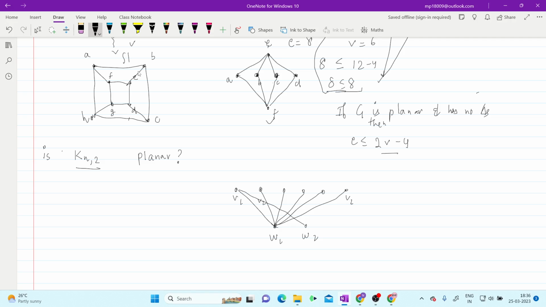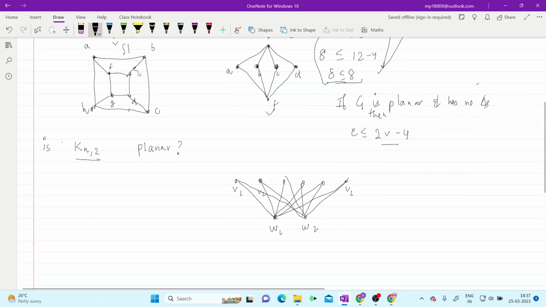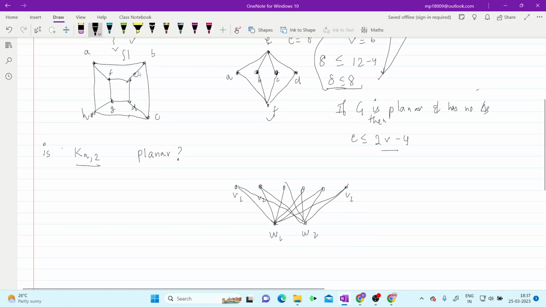Yes. Why? We can take the vertices W1 and W2, one above and one below. Like previously, we can do this. So we see that Kn,2 is planar.